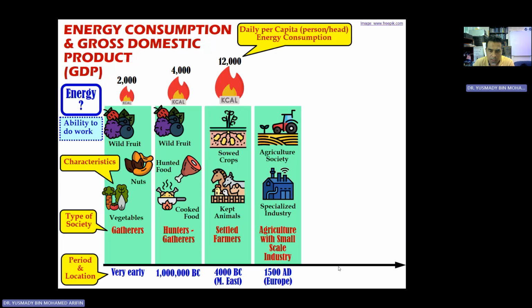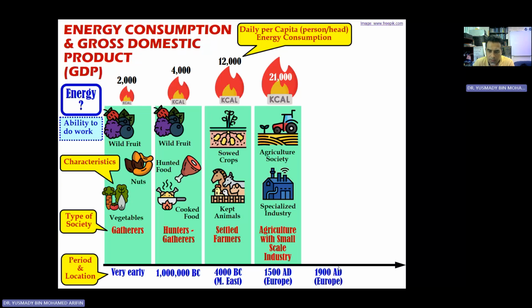And also they had specialized industry, a very small scale industry. And for sure, the energy consumed during that time increased, estimated at around 21,000 kilocalories per person.